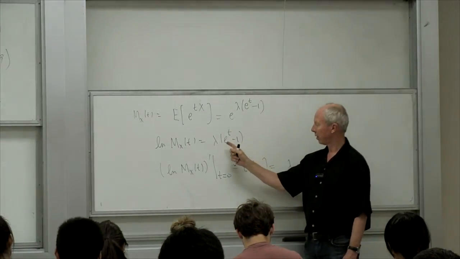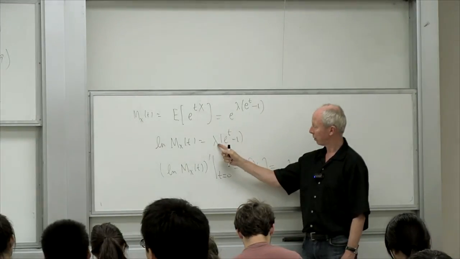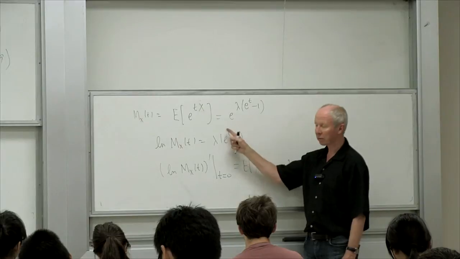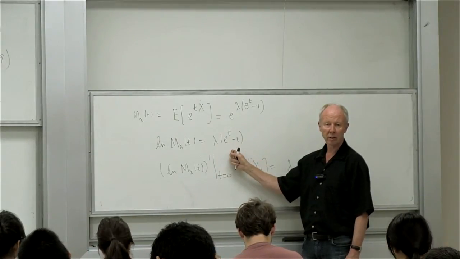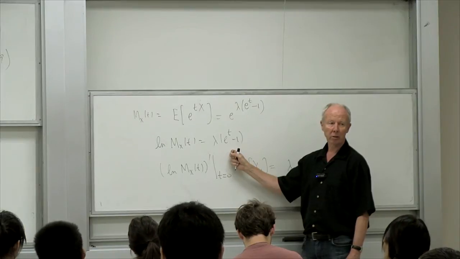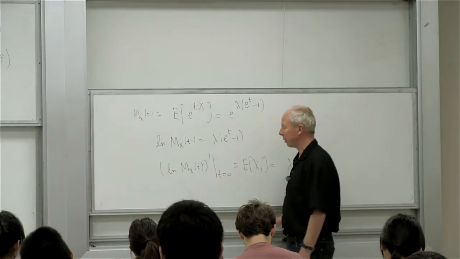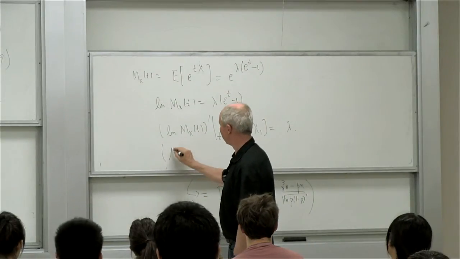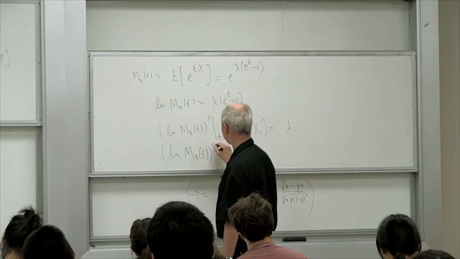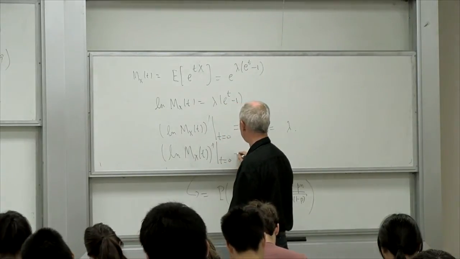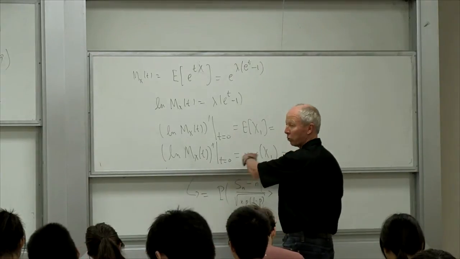If I take the derivative of this with respect to t, I differentiate this, getting e to the t, so I get lambda e to the t as derivative. Evaluating at t equals 0 gives me lambda. And the second derivative at t equals 0 gives a variance, always. Doesn't have to be Poisson for this to be true.